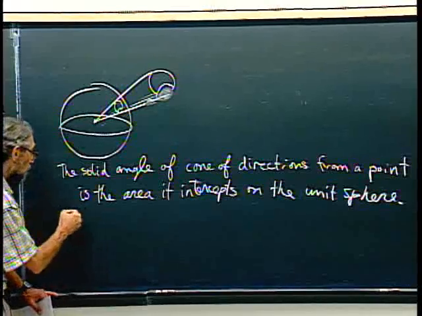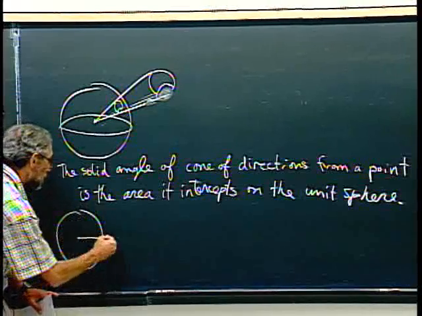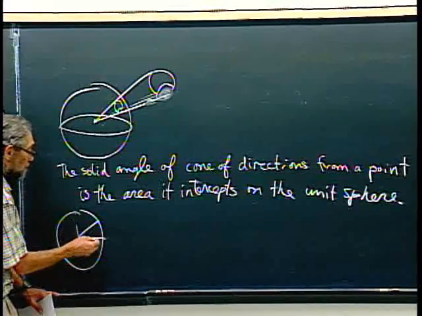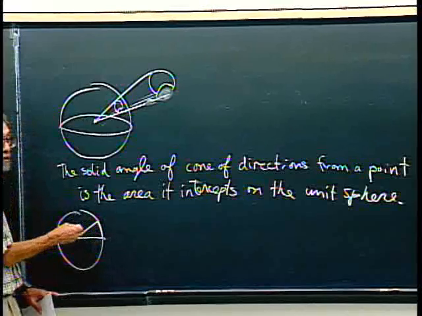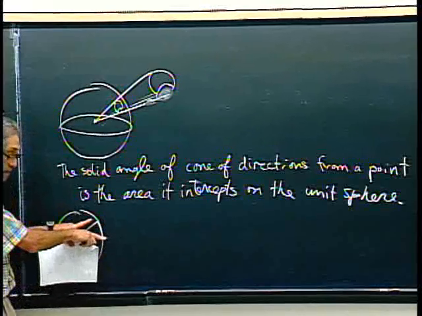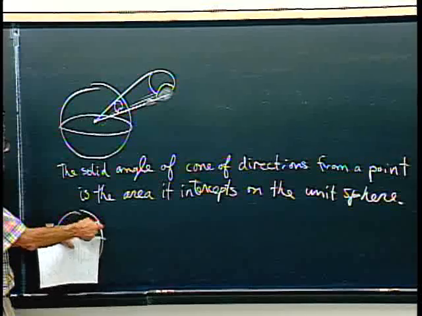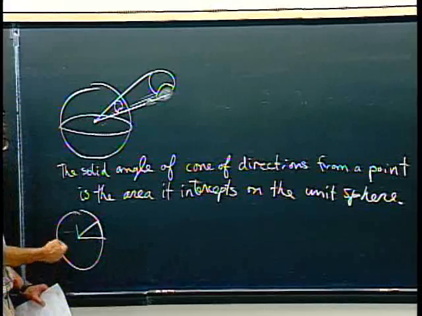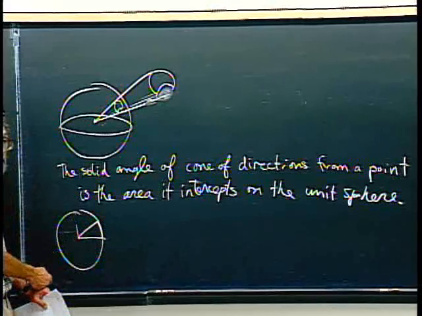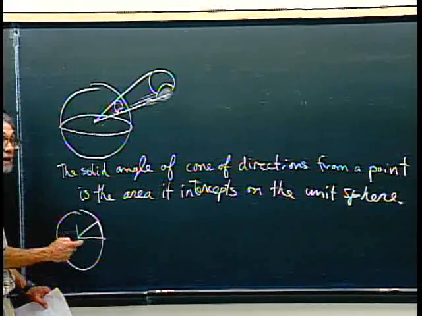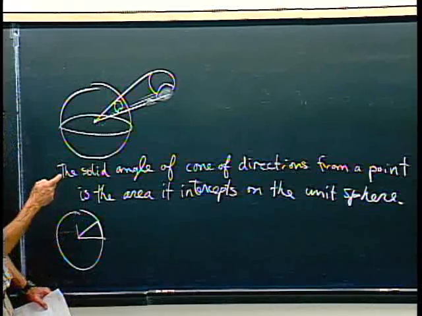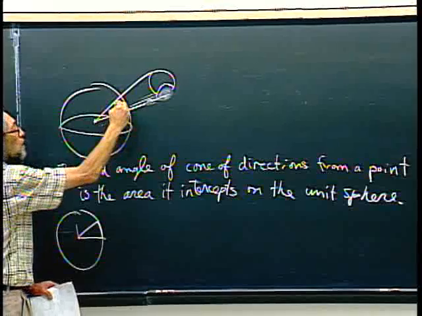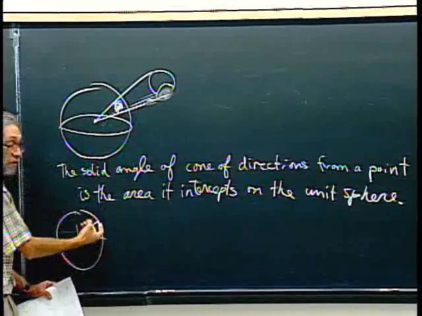It's like on a circle, if you have an angle here, and you measure that angle, this looks like about pi thirds, the length of this arc on the circle that angle subtends is actually pi thirds, and the total length of the whole circle is 2 pi if it's the unit circle with diameter 2 and radius 1. So analogous to that, they say steradians for the 3D solid angle, and you measure it as area on the sphere instead of length on a circle.